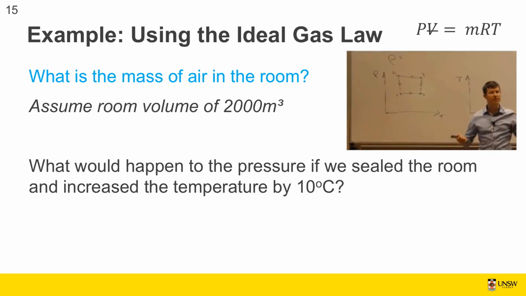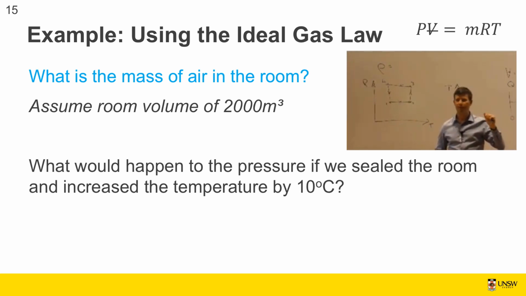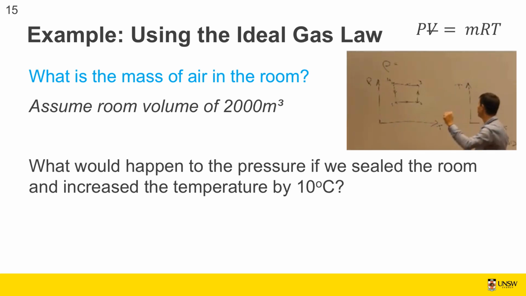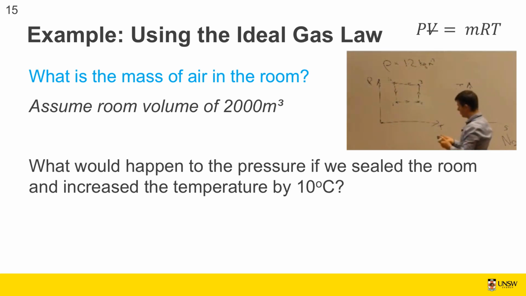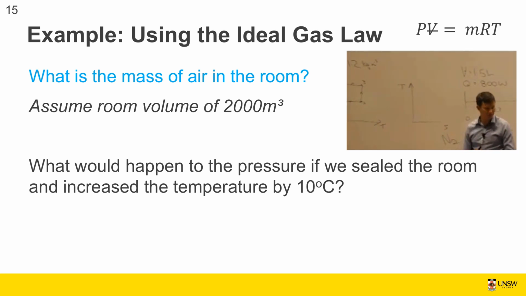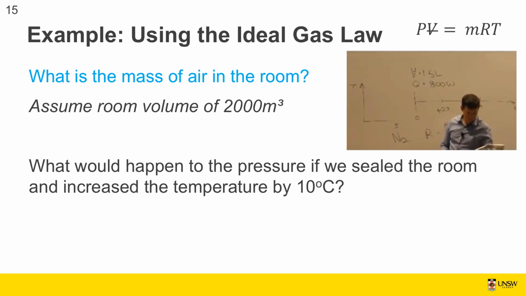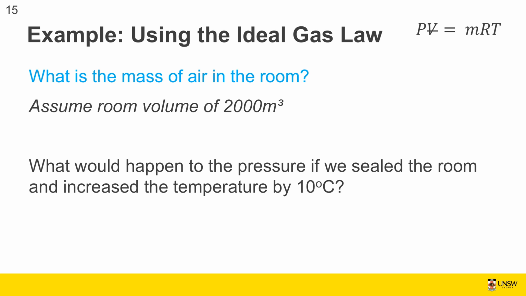What's the density of air at standard pressure and temperature? 1.2. Well done. Per meters cubed. So 2,000 times 1.2 is about 2.4 tonne. So there's about 2.4 tonne of air in the room, which might surprise you or it might not.